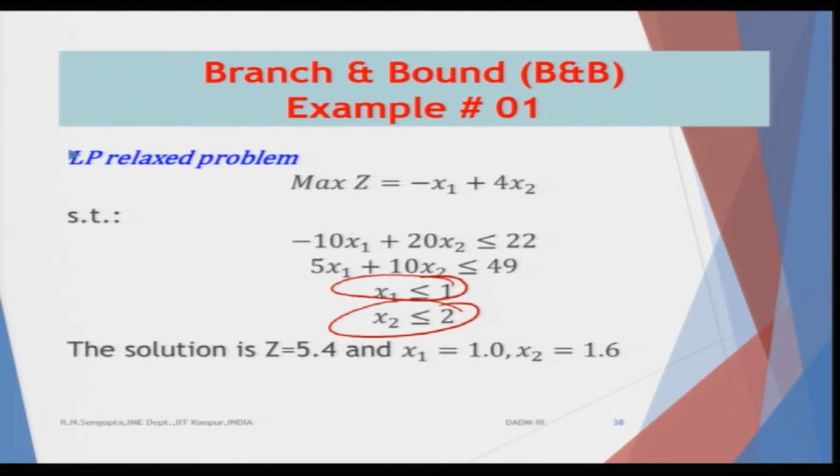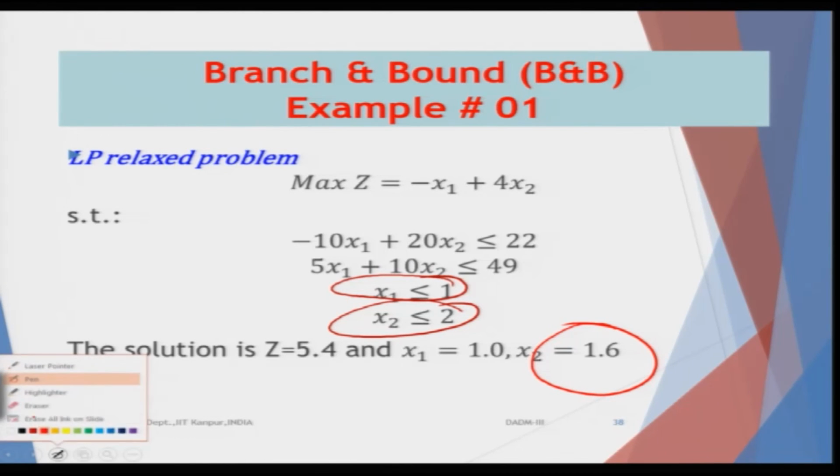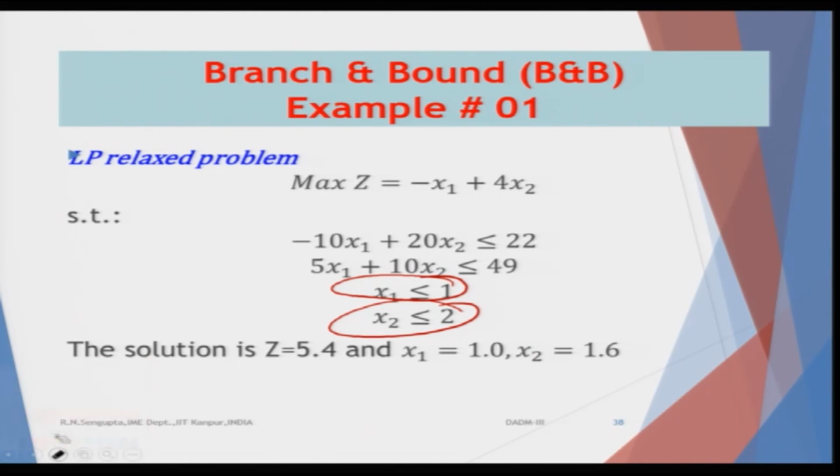Now, look here, technically we would proceed considering x1 is 1, now x2 is 1.6. So, x2 values can either be less than or equal to 1, that is 0 and 1, and another set of values can be greater than or equal to 2. Greater than or equal to 2, there is only one value, because x2 already by the previous constraint, which I am just trying to highlight using the pointer, is less than equal to 2. So, when this region is broken down, it will be two regions, less than equal to 1 and greater than equal to 2.